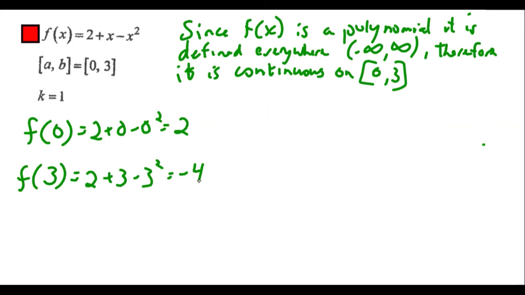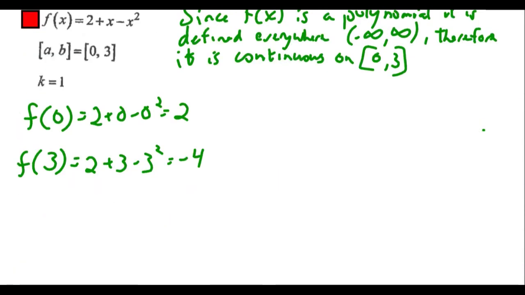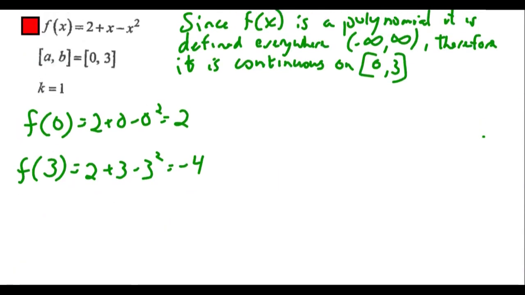Okay, so the next condition. Now k was our y value, right? Because that was defined up here. f of c is k. So the next thing you look at is whether k is in between these values.